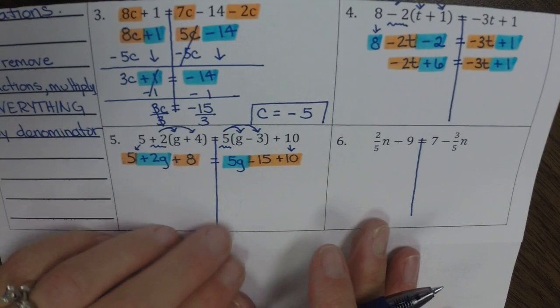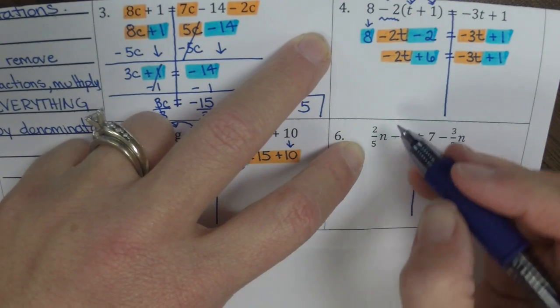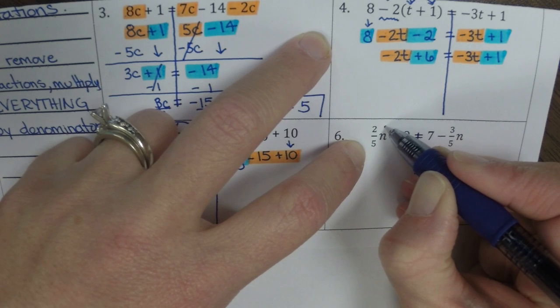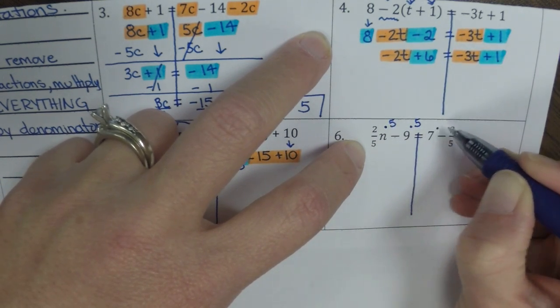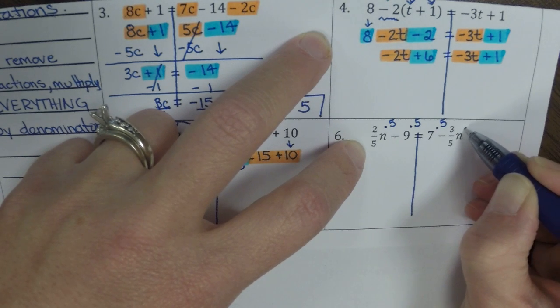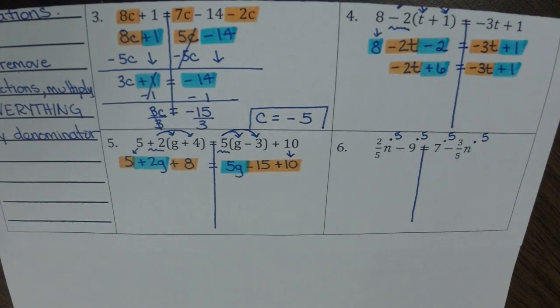So if you notice, both of these fractions have a 5, so we're only going to have to multiply once. So if I multiply this times 5, and this times 5, and this term times 5, and this term times 5, then we can get all the fractions to go away.